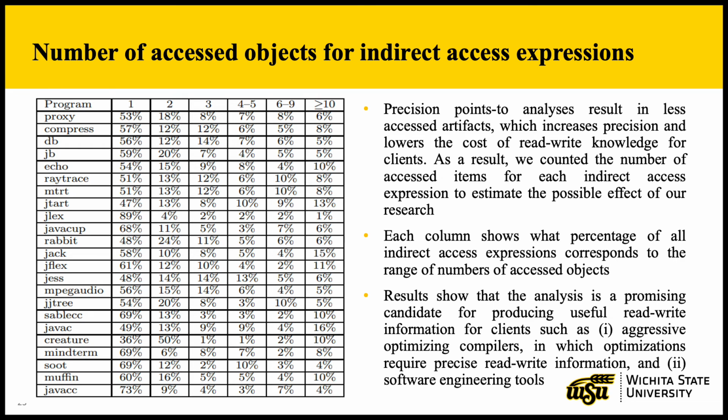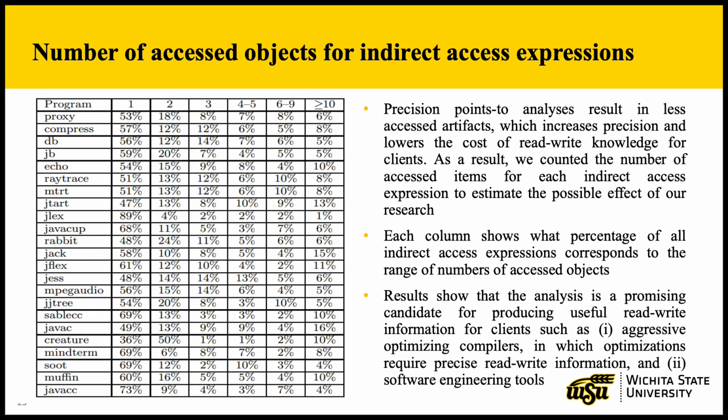Here, the measurements in Table 3 indicate that our analysis produced precise read-write information. Typically, more than half of the indirect accesses are resolved to a single object, and an average of 81% of the accesses are resolved to at most 3 objects.